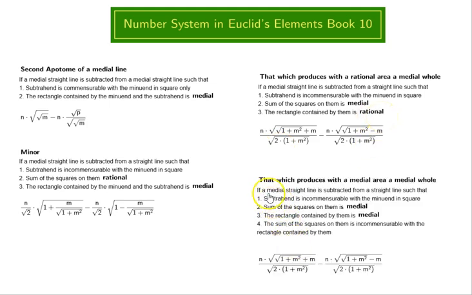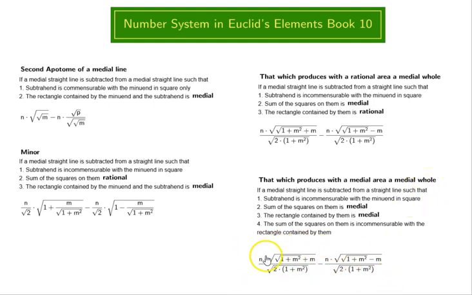And finally, we have that which produces with a medial area a medial whole. So if a medial straight line is subtracted from a straight line such that the subtrahend is incommensurable with the minuend in square, the sum of the squares on them is medial, the rectangle contained by them is medial, and the sum of the squares on them is incommensurable with the rectangle contained by them, then it is called that which produces with a medial area a medial whole.